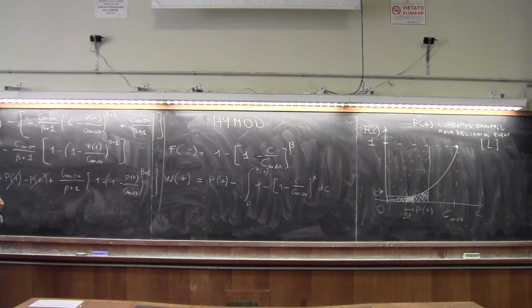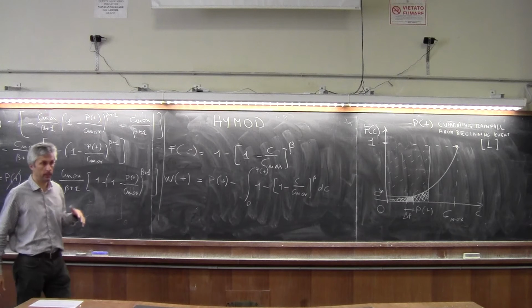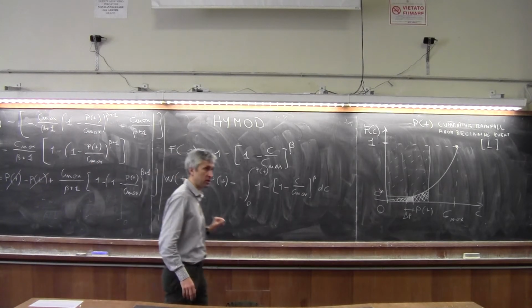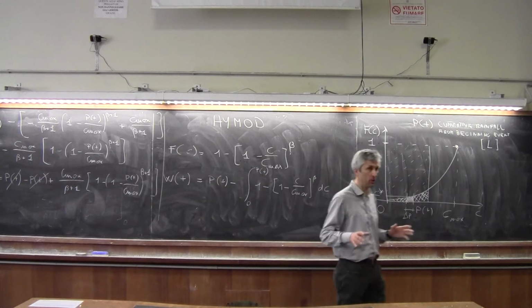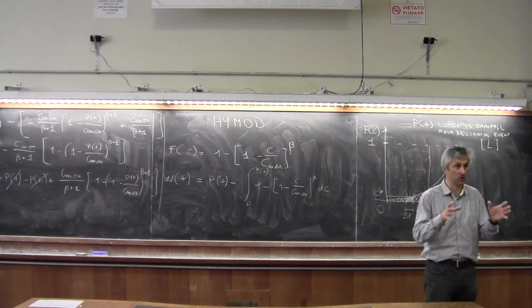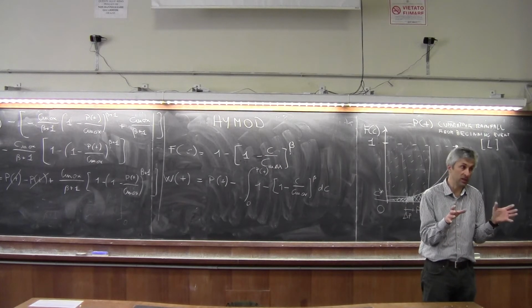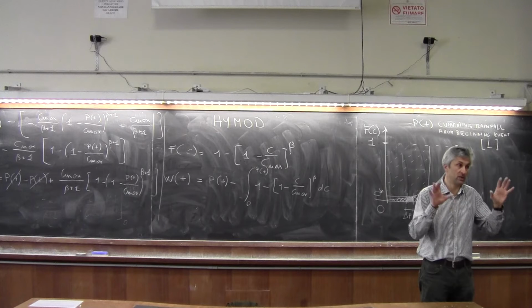Now, this brings us back to the symbol Wt, which has the same meaning as in the linear reservoir. In the linear reservoir, Wt was the volume of water stored in the catchment. This is fine. And this explains why I had to change the variable when I turned to this representation, because I wanted to keep Wt for the volume of water stored in the catchment. C is another story.